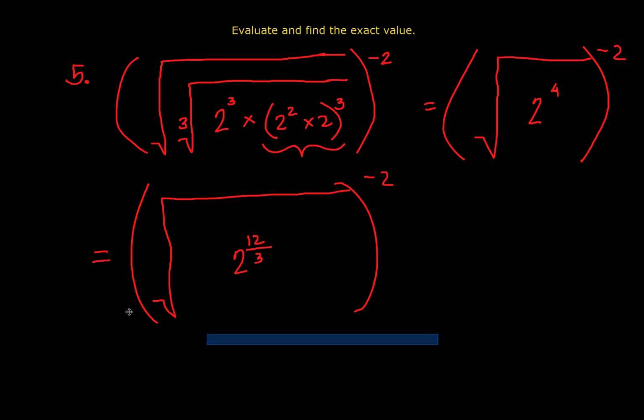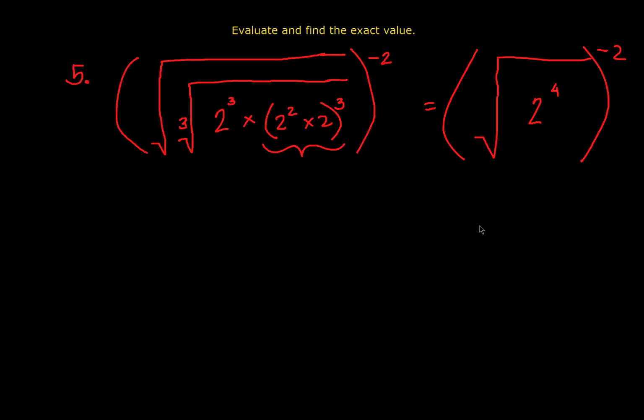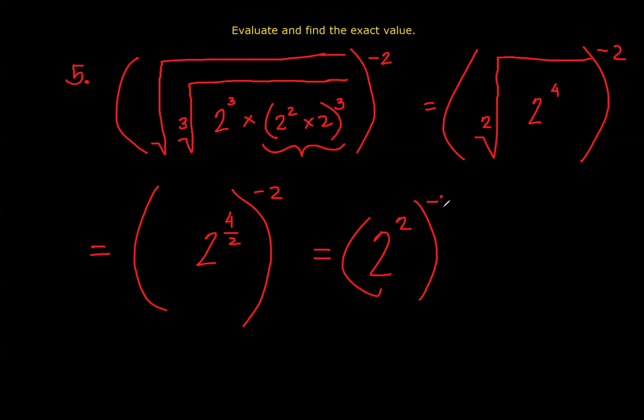Next step will be to write also the radical expression here, the square root, as an exponent. Now for square root, this is 2. Now we can write it down as 2 raised to 4 all over 2, raised to negative 2. Now 4 divided by 2 is equal to 2, so 2 raised to 2 raised to negative 2.